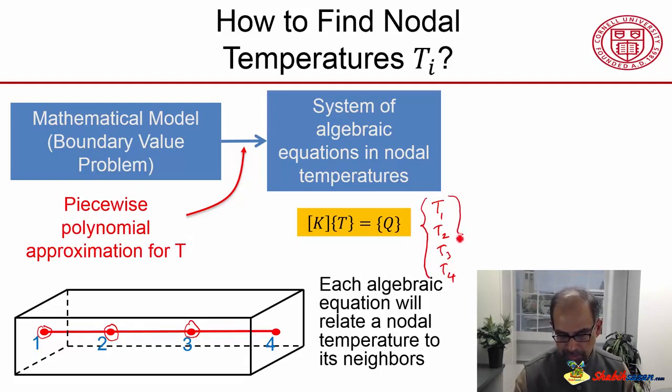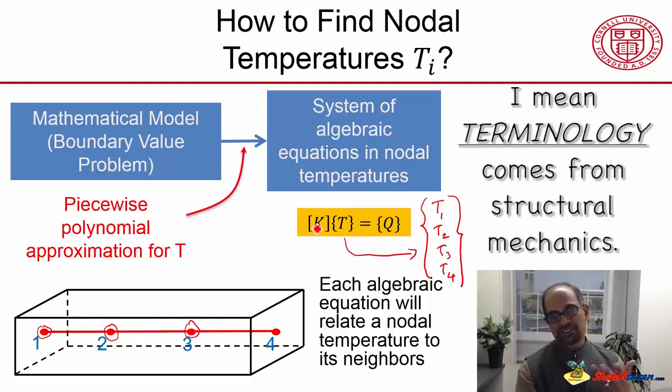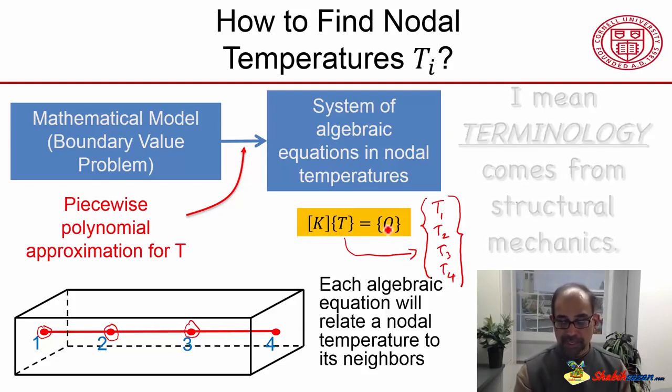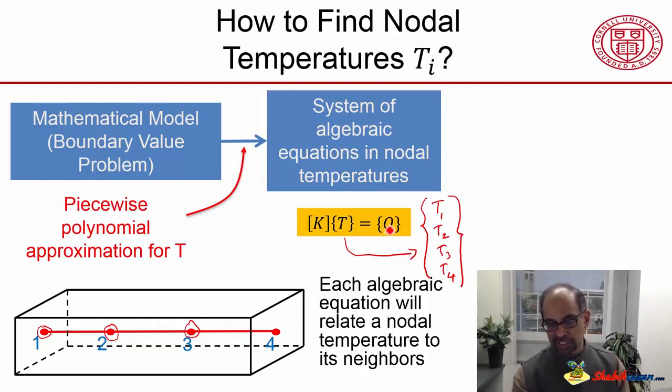That's what that's going to look like in our case. This is called the stiffness matrix. It comes from structural mechanics, which we will see later, and that's the force vector, and the boundary conditions will affect that. The heat generation term will affect that. Again, bad notation. That's not the heat generation term that we saw earlier.